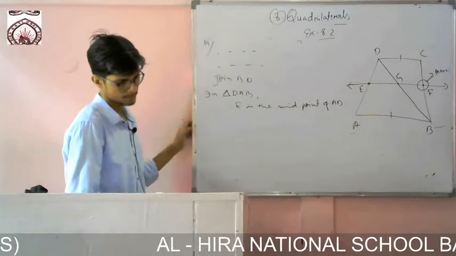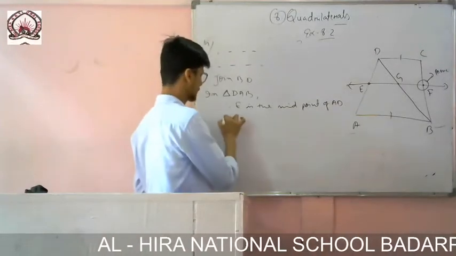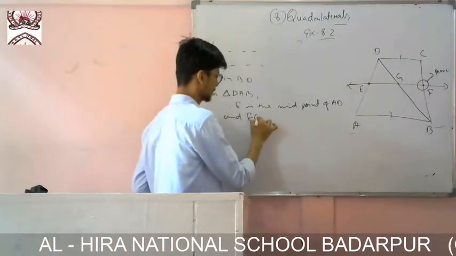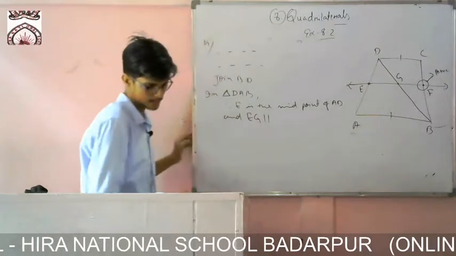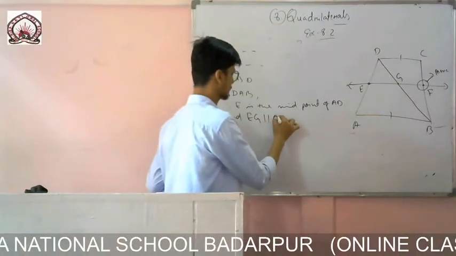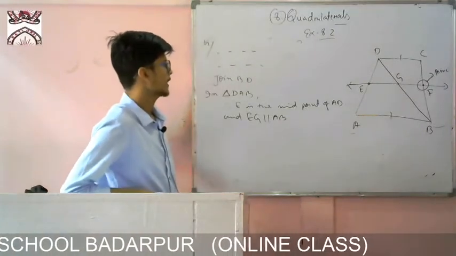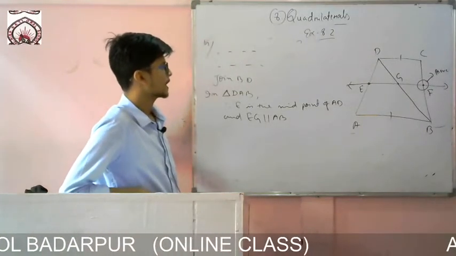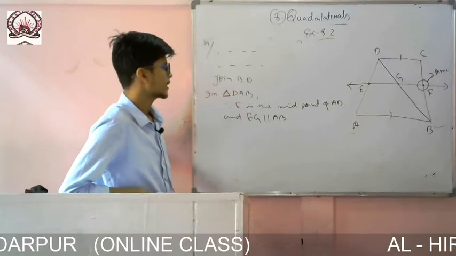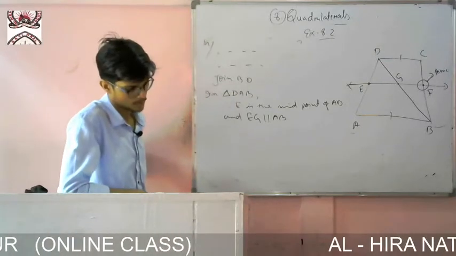Since E is the midpoint of AD and EG is parallel to AB. This is given in the question.